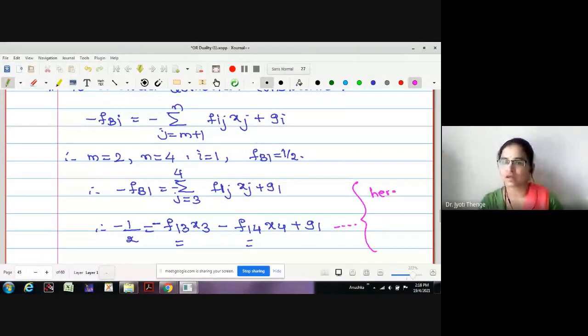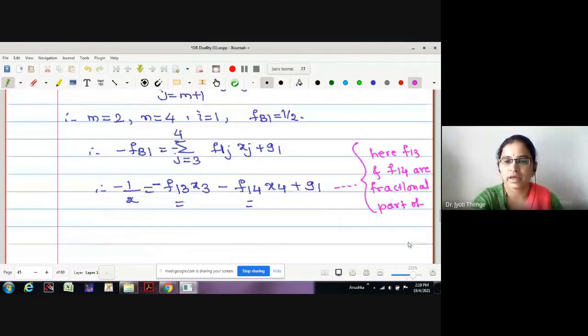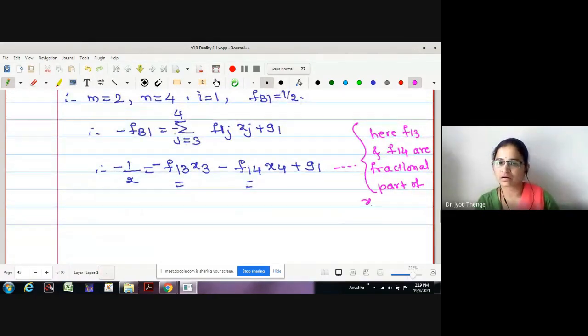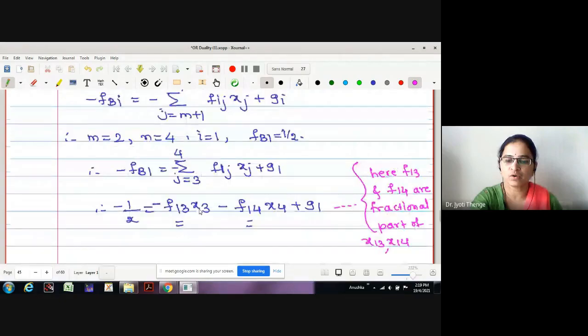Here, f13 and f14 are fractional parts of x13 and x14. Now just recall what the values of x13 and x14 are in the table.